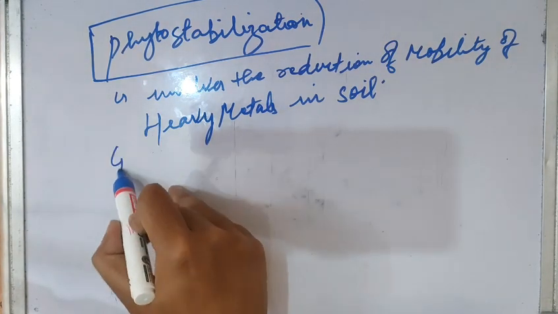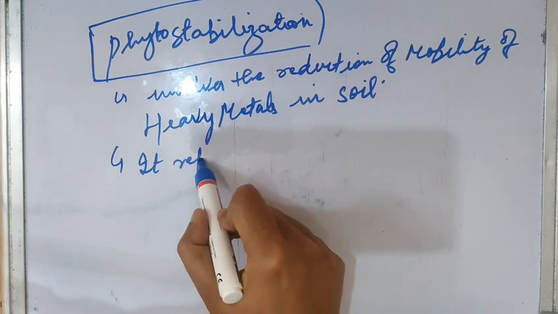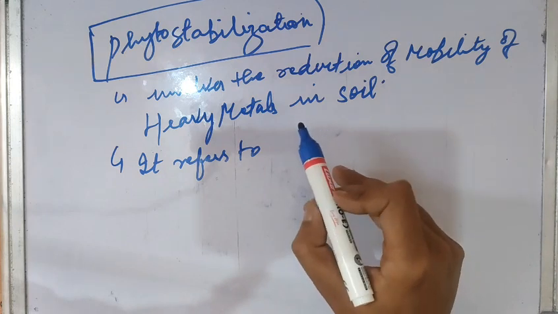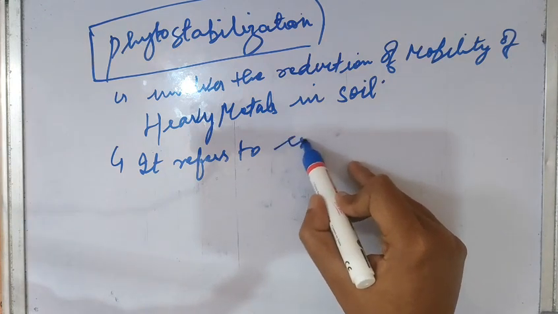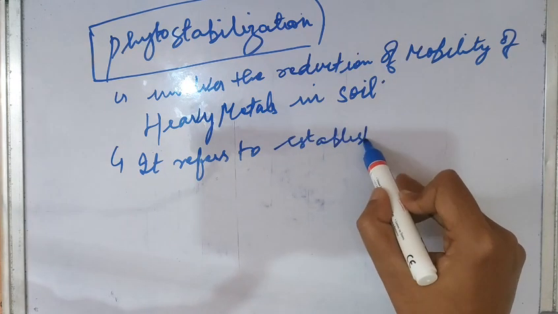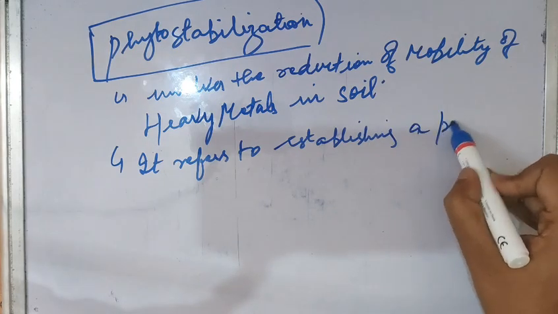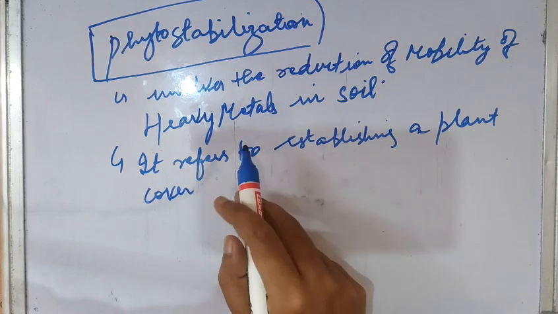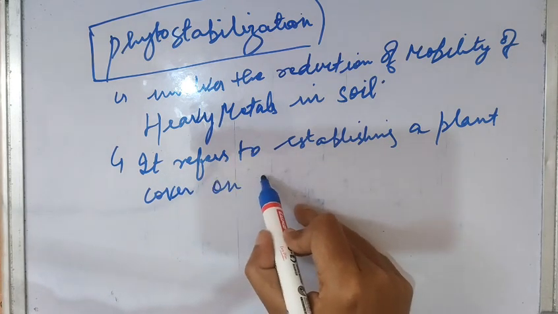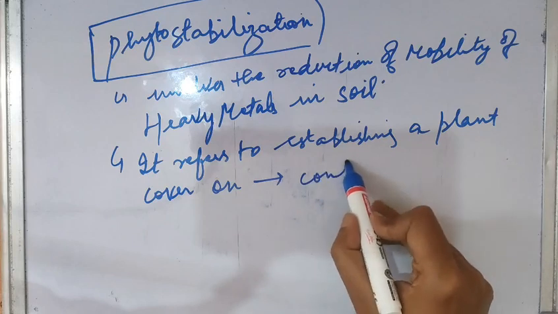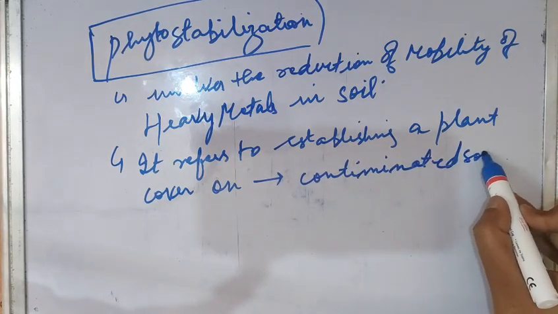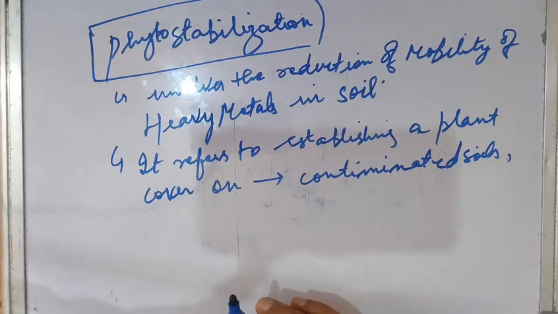It refers to establishing a plant cover on the surface of contaminated soils, which reduces their exposure to wind, water, and direct contact with humans or animals.